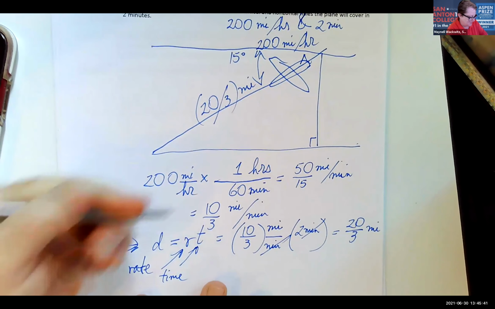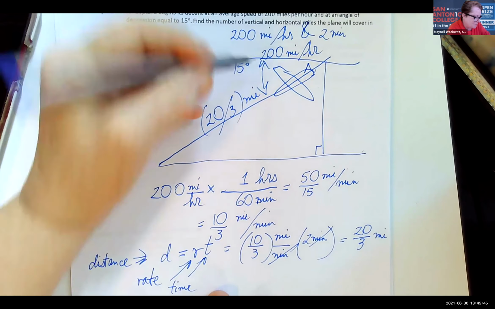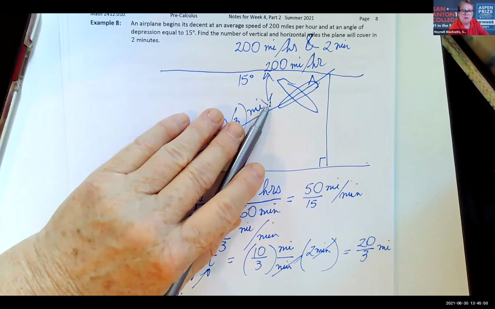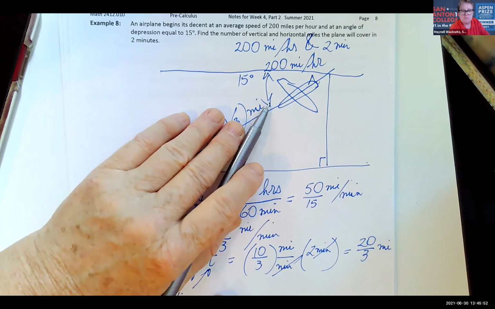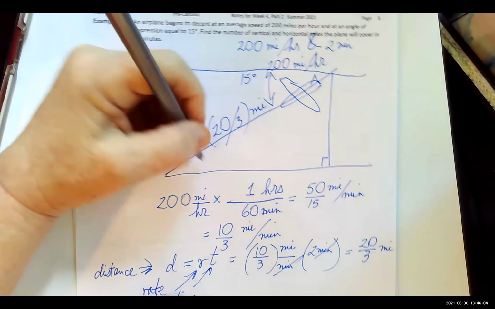And we want to find, let's label things. We know that this angle of depression up here is 15 degrees. Which angle does that correspond to in our triangle? Okay, left one. That's right.